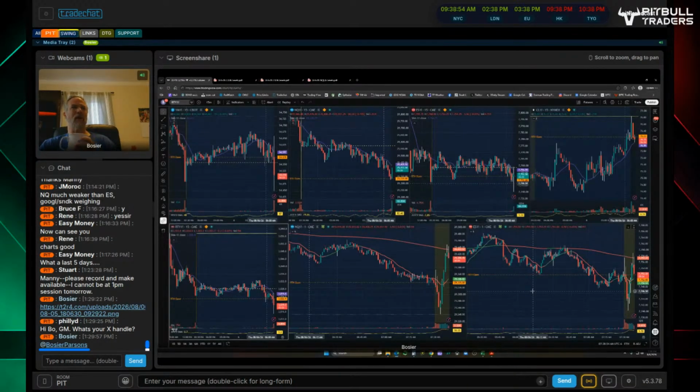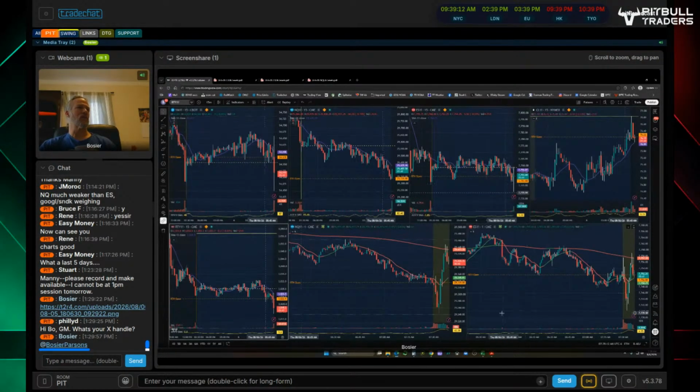Things can get out of hand to the upside, and then once all the shorts have covered, that's when you can get those downdraft days like we had yesterday, because everyone's too long or the shorts have all covered, and so now there's nobody left to support the market.